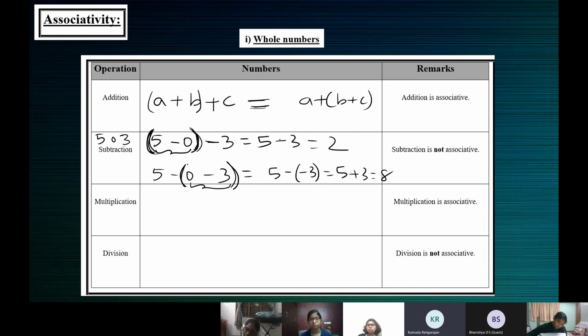We need to simplify the bracket first. This minus as it is. In the bracket, 0 minus 3 is minus 3. And when you open the bracket, minus into minus is plus. So 5 plus 3 is 8. So 2, 8.